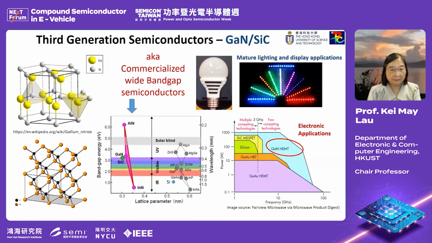And then the third generation semiconductor, which is more recent. I try to emphasize that these are the commercial wide bandgap semiconductors: gallium nitride and silicon carbide, and these are the crystal structures of gallium nitride and silicon carbide.